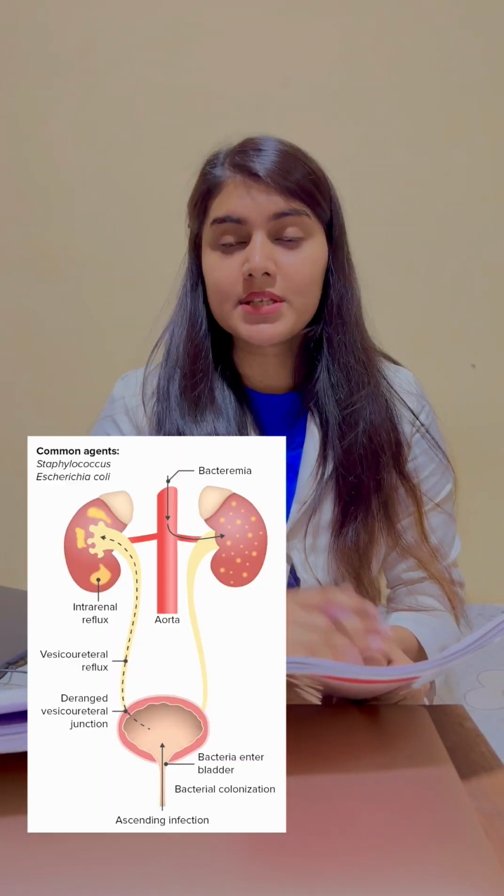In the absence of catheterization, urinary tract infection is a more common cause in females, because females have a shorter urethra, so they are more prone to UTIs, and unlike males, they do not have prostate secretions, which have antimicrobial properties. Also, females have hormonal changes which affect the adherence of bacteria to the mucosa.